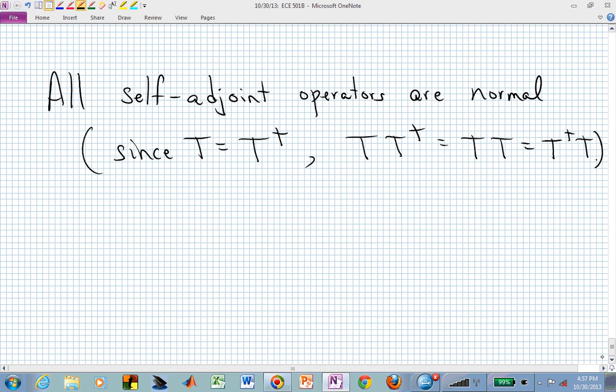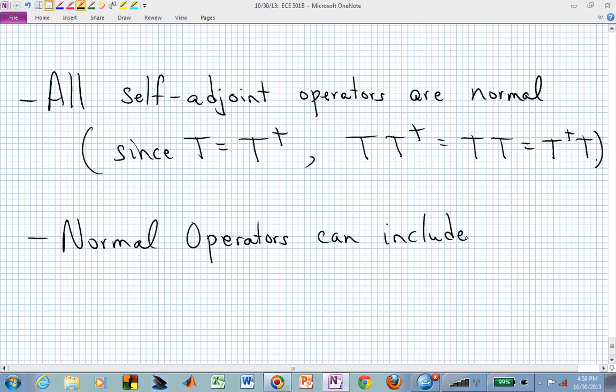Now we can't go the other way. So that's one result. Normal operators can include, this is sort of a weird way of maybe saying this, non-self-adjoint operators.